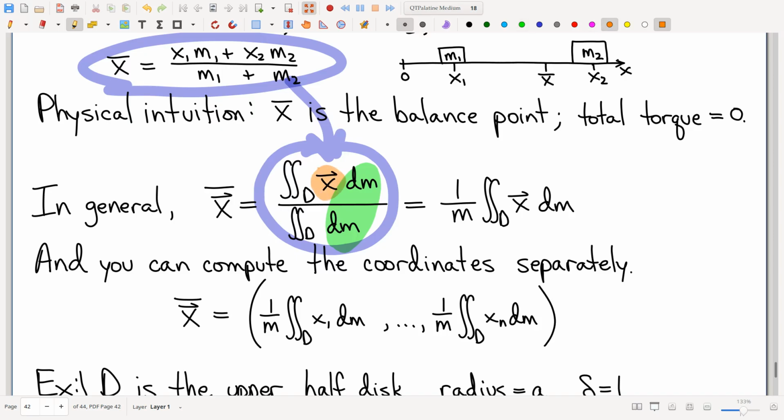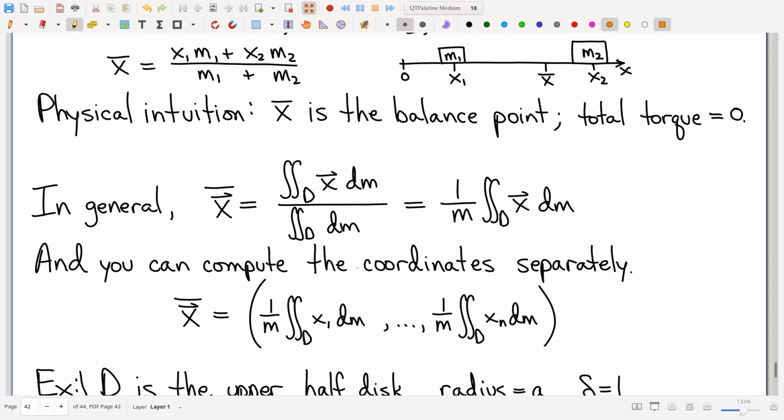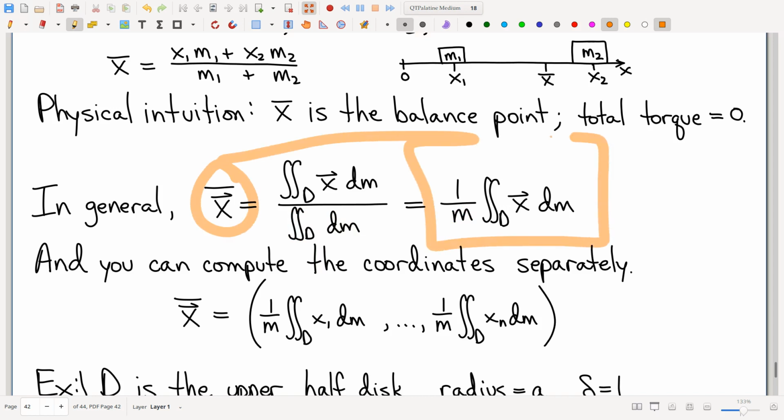Position now, if we're talking about mass distributed in space, is a vector location, right? That's literally a weighted average of position. And of course, again, we've seen this a couple times before. You can simplify that denominator pretty easily. It's just the total mass. And so here is a nice streamlined formula for center of mass.